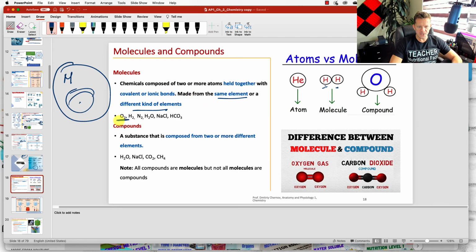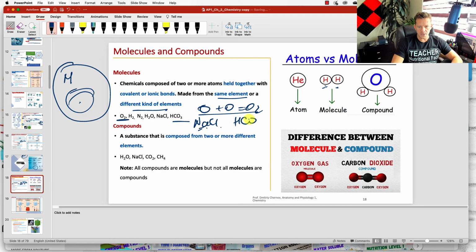From the same kind of element, one oxygen plus another oxygen equal O2, right? From the same element, or from a different type of elements together with the same type of element. So it could be like sodium chloride, different elements, or it could be bicarbonate, right?